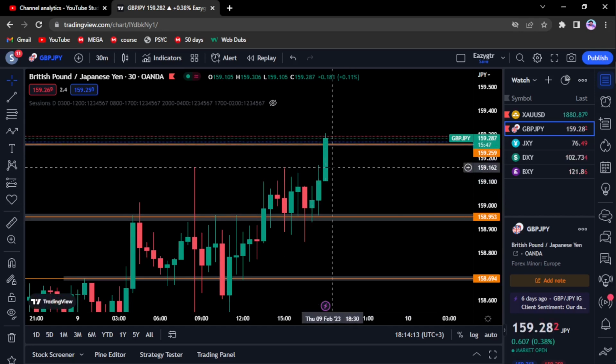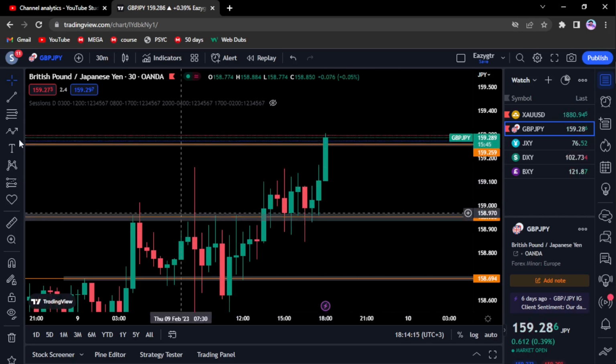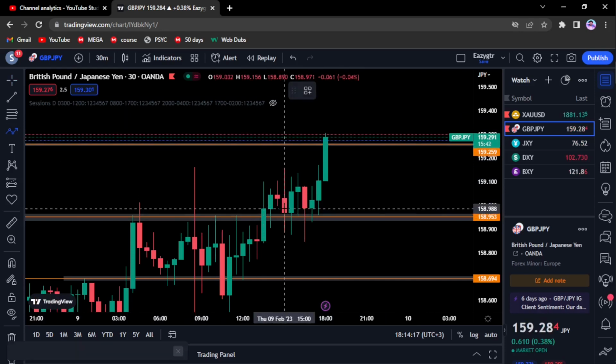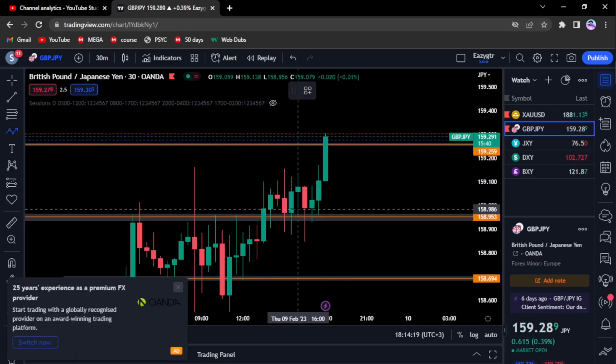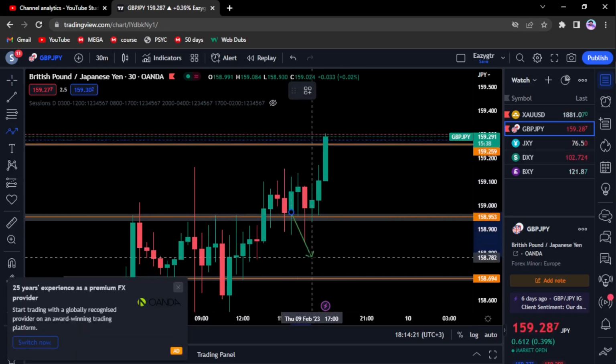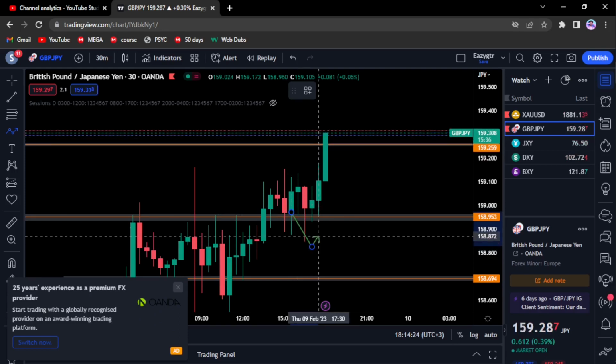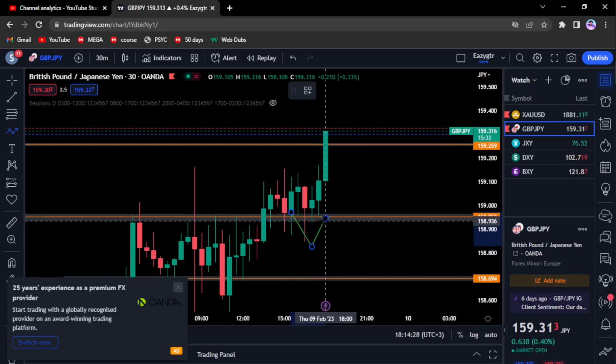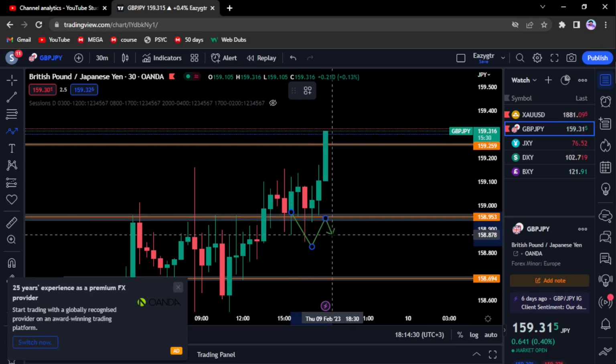So how would we have entered a counter trend trade? Here's how. When price breaks below this support, pulls back, makes resistance, you enter your first trade. It's not able to break this price.